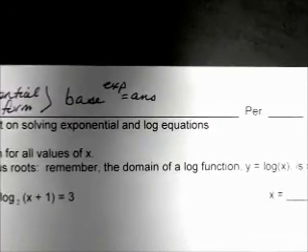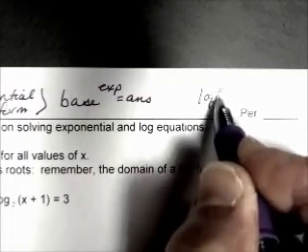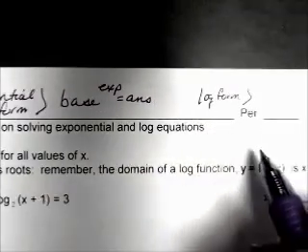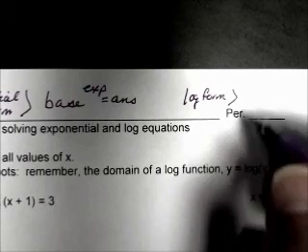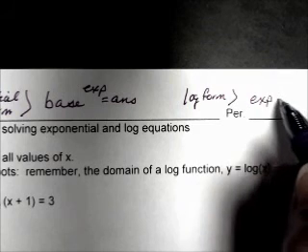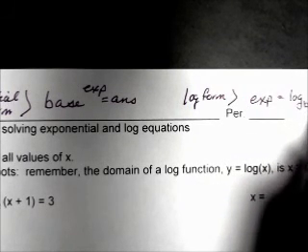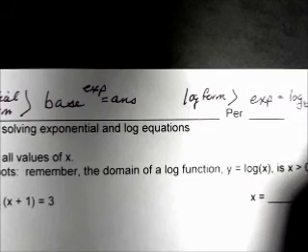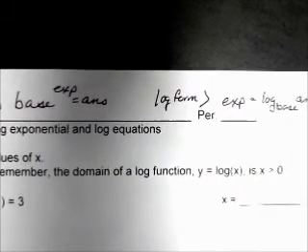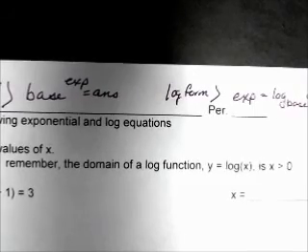And then we have our log form, where log base, or if I look at that log base backwards, you have exponent is equal to log base of answer. Okay. Again, throughout this chapter, you have to be able to switch from exponential to log and log to exponential.